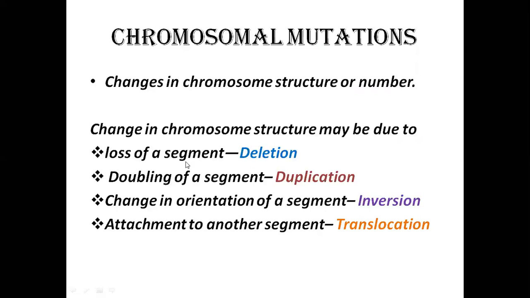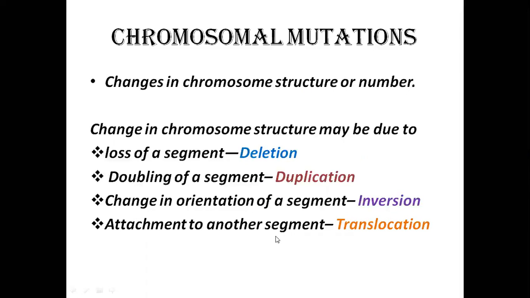If a fragment of a chromosome is lost, that type of mutation is referred to as deletion. If a fragment of DNA is doubled, then we call it duplication. If a fragment of the chromosome breaks and reattaches in a different orientation, that is referred to as inversion.